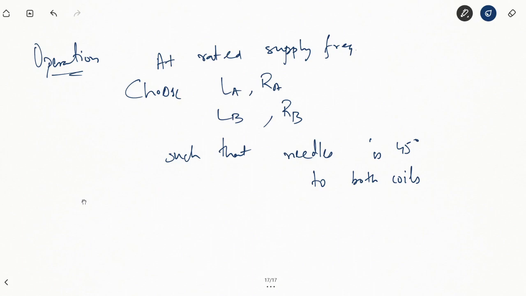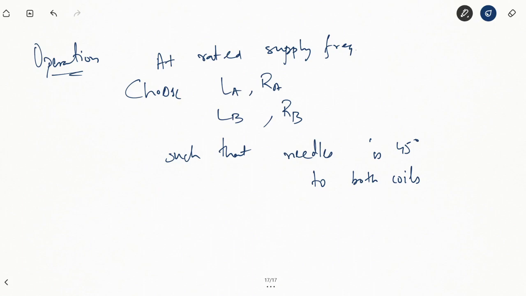So if supply frequency is increasing, the voltage impressed across coil A will increase, which means the magnetic needle will tend to align itself towards the axis of coil A. If the supply frequency is decreasing, that means LA and LB will decrease, so the voltage across coil B will be much larger than across coil A. In that case the magnetic field will tend to align the magnetic needle towards the axis of coil B. So with this calibration of the device, we are able to measure the frequency of the supply voltage.